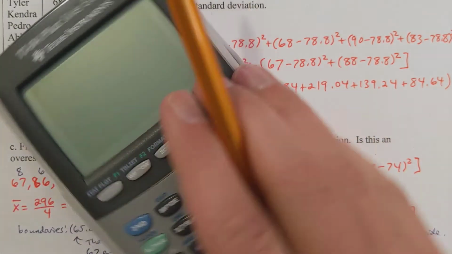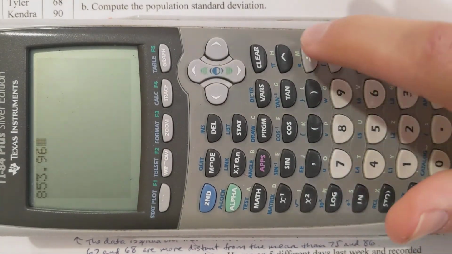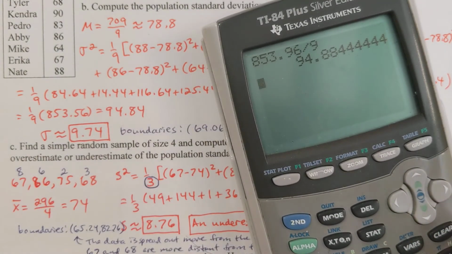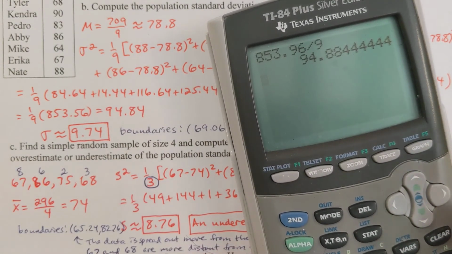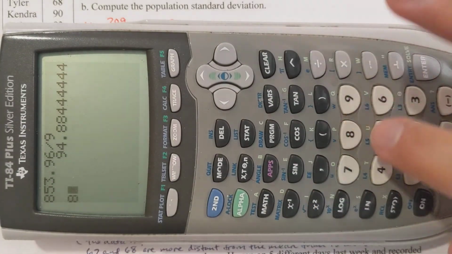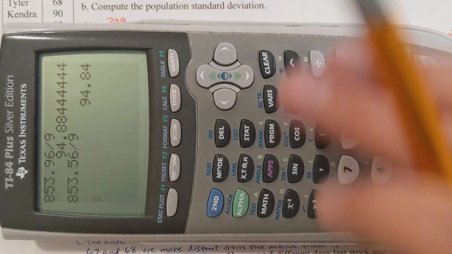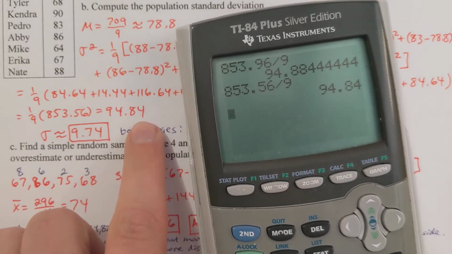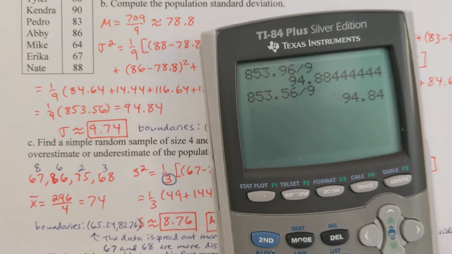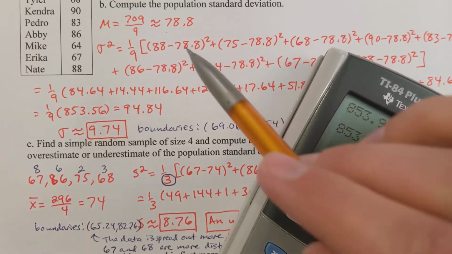So let me do that. 853.56 divided by 9 is 94.84. And by the way, notice how I'm using the equal sign here, so I've done no rounding in this, except for the mean.